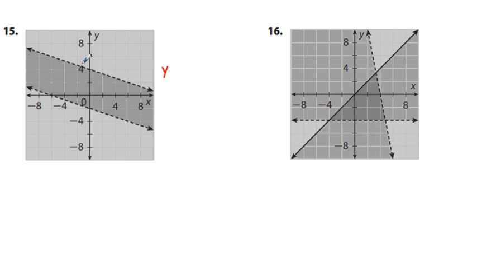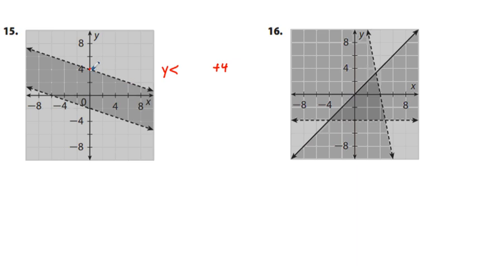And it looks like we are shading below, because in order to get this gray area between the two parallel lines, we have to be going in opposite directions. So y is less than. And what is our y-intercept here? Well, it's going to be 4. So at the very end, I'm going to put plus 4.